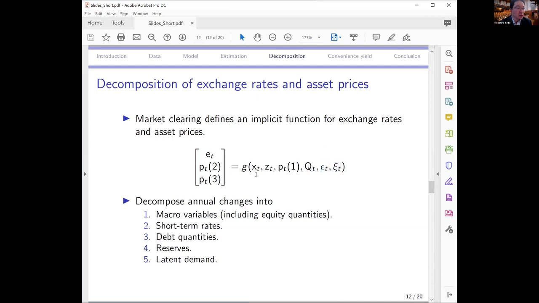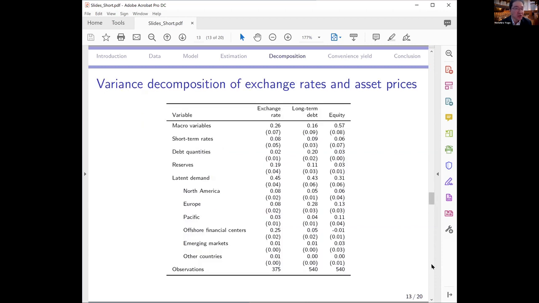So when you observe exchange rates or bond yields move from one year to the next, well, they don't move unless something changed, right? It's either there are macro shocks or central banks changed the short-term rate policy rules, or they changed the quantities of debt, or there's a latent demand shock. Okay, so we can decompose every movement in asset prices into what's causing that movement.